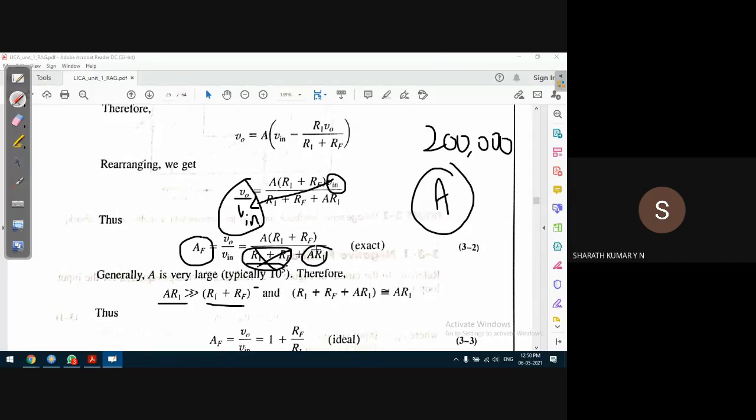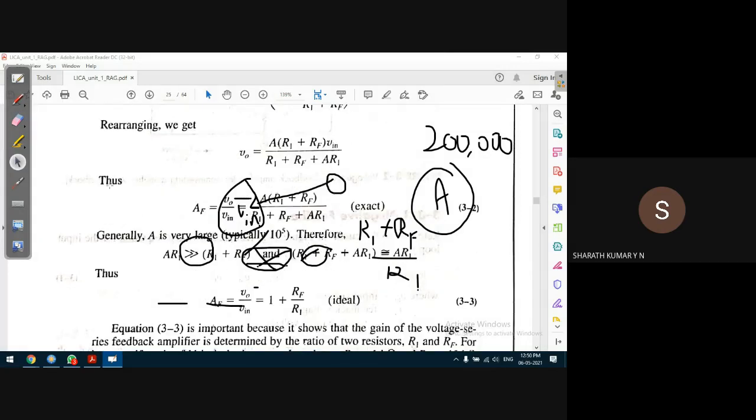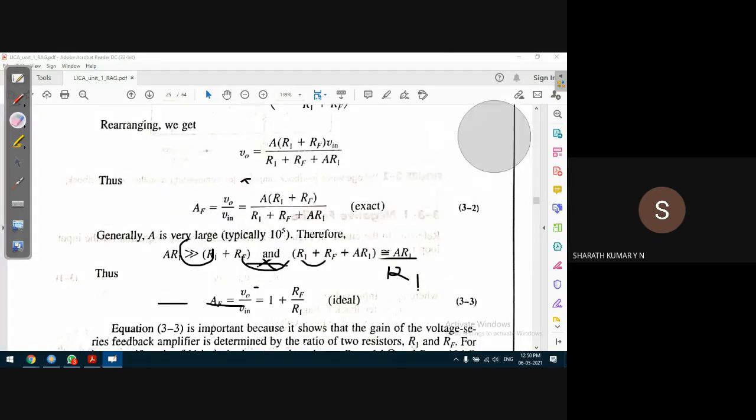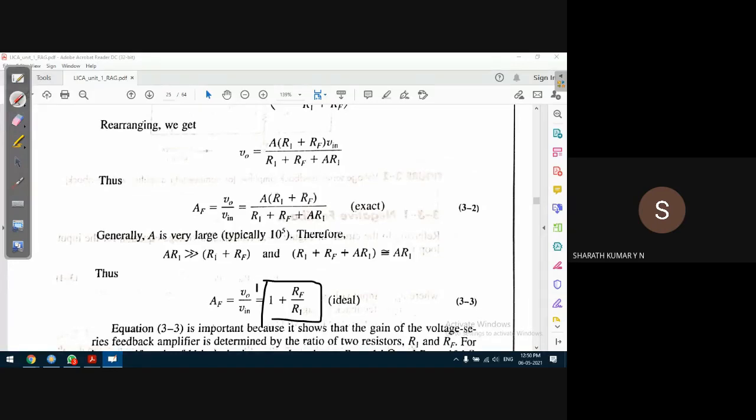So when we write this, A cancels. We are left with R1 plus RF divided by R1. This is the expression for the gain of a non-inverting amplifier. This can also be rewritten as 1 plus RF by R1.